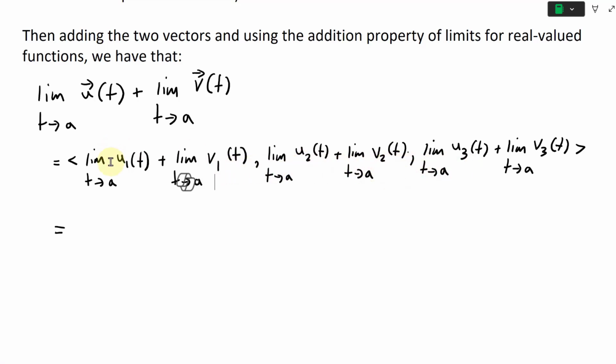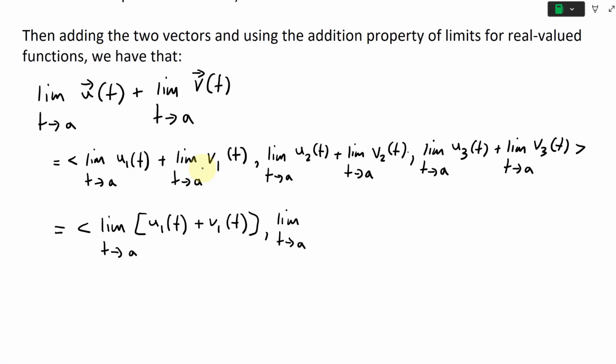And then what we could do is we could take the limit out and then sum these up separately. So we could take the limit like this, and this becomes u1 of t, separately like that, plus v1 of t. And then next part is limit, and this is going to be u2 of t plus v2 of t.